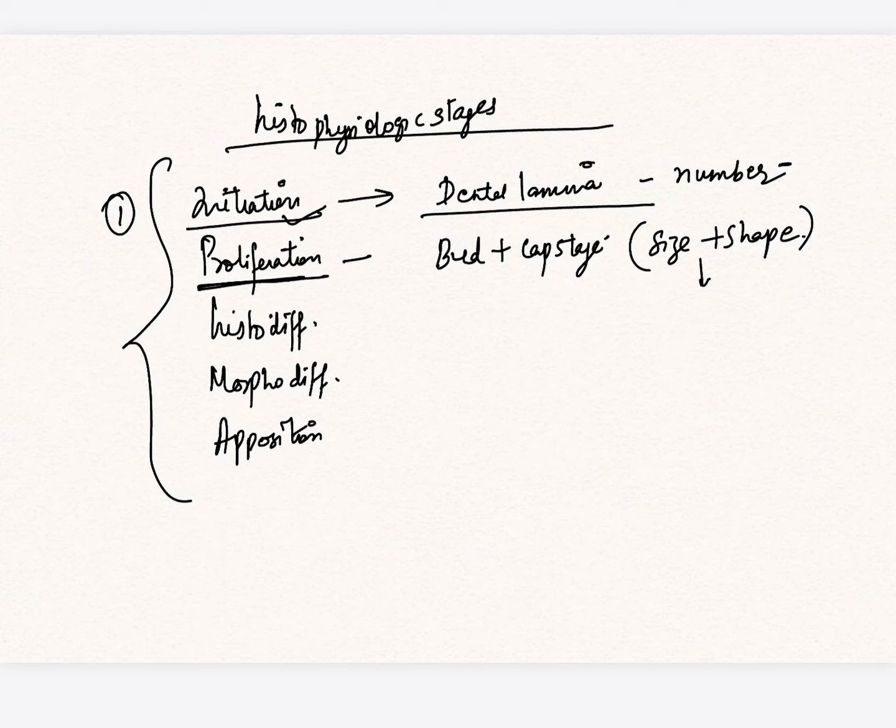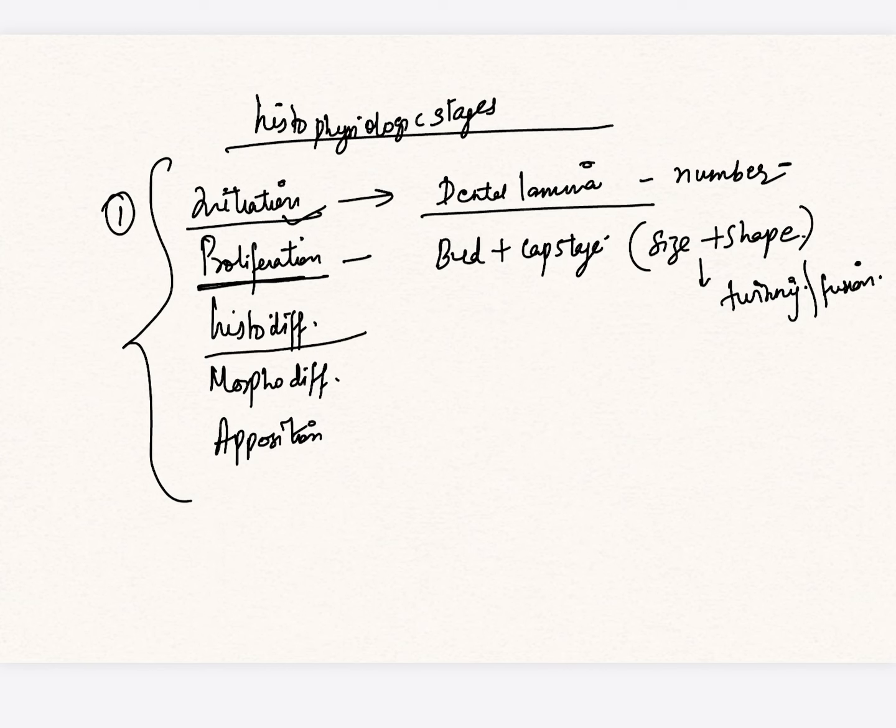For example, if there is disturbance in the proliferation, the tooth may form twinning, fusion, where two teeth may fuse during the development stage, and incomplete division of tooth into two teeth, like that.